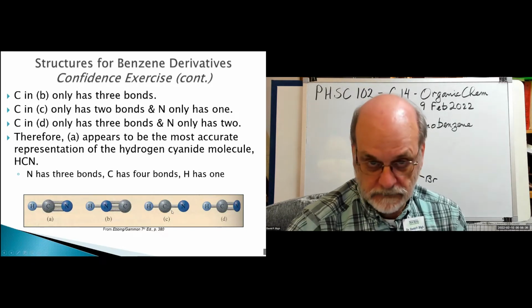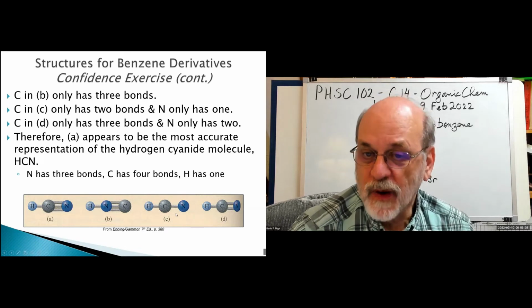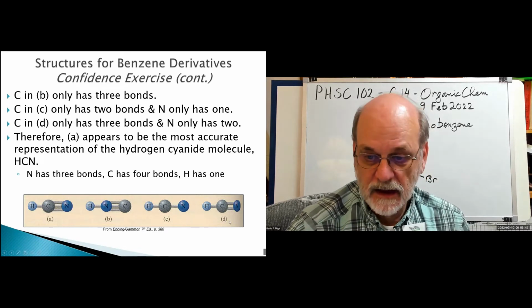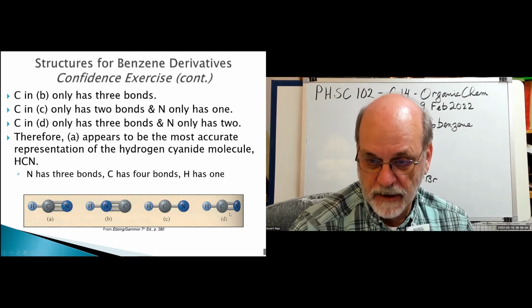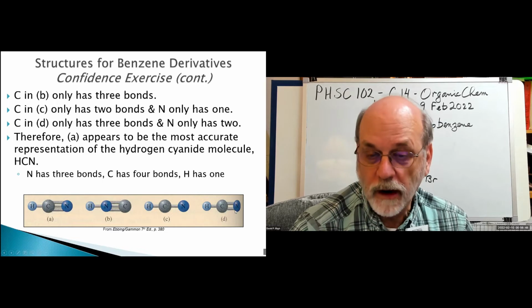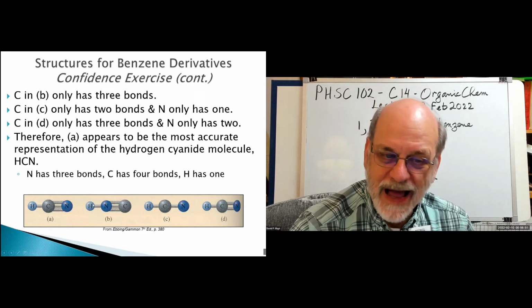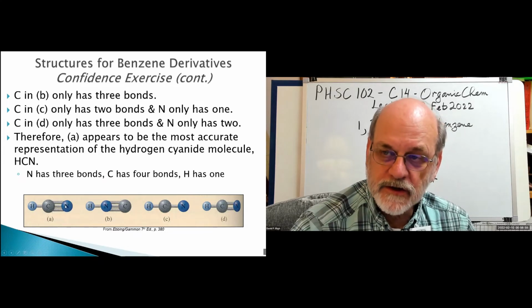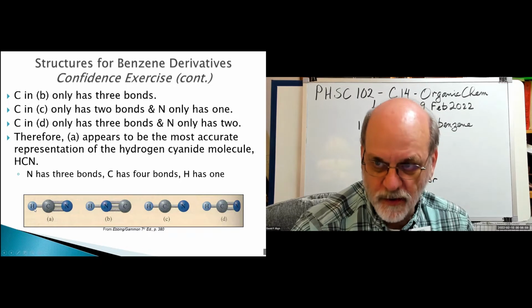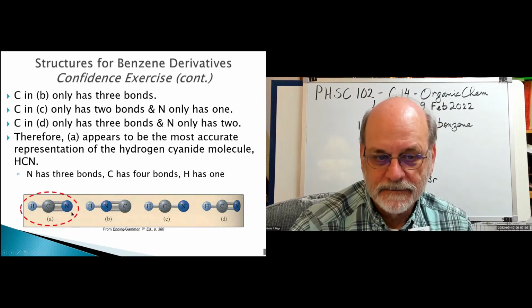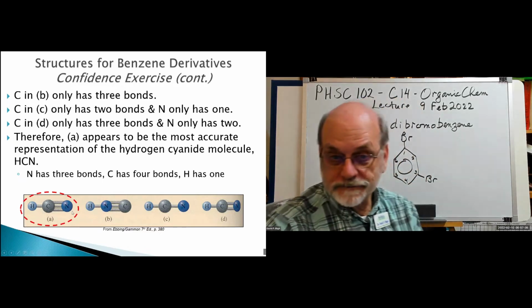Carbon in C has 2 bonds, and nitrogen only has 1. That's wrong. How about D? Carbon only has 3 bonds, and the nitrogen only has 2 bonds. That won't work. So A shows carbon with 4 bonds, nitrogen with 3 bonds, hydrogen with 1 bond. That's the correct one. HCN. That's our correct structure.